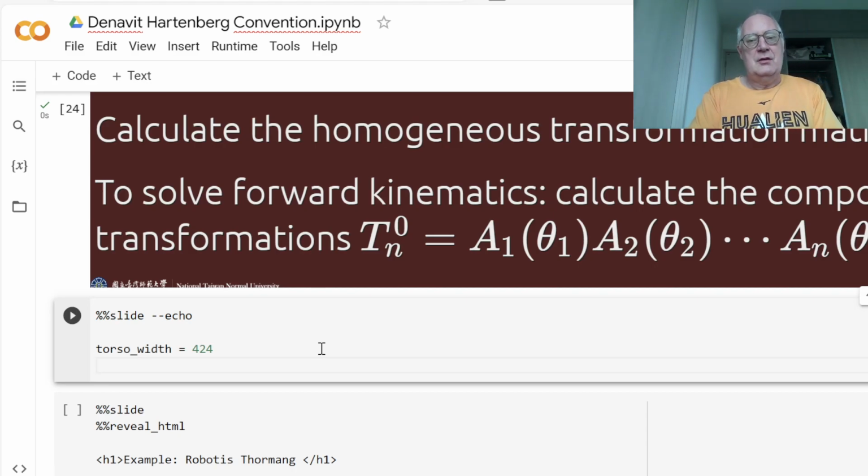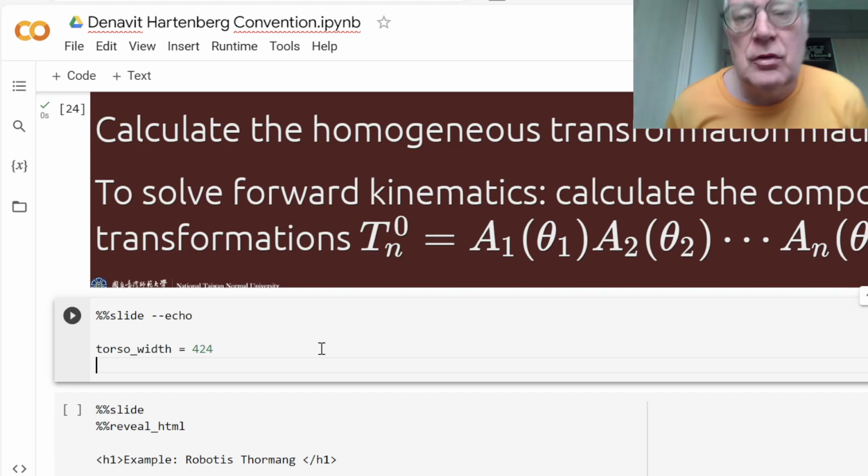And that was to the first joint in the shoulder there.